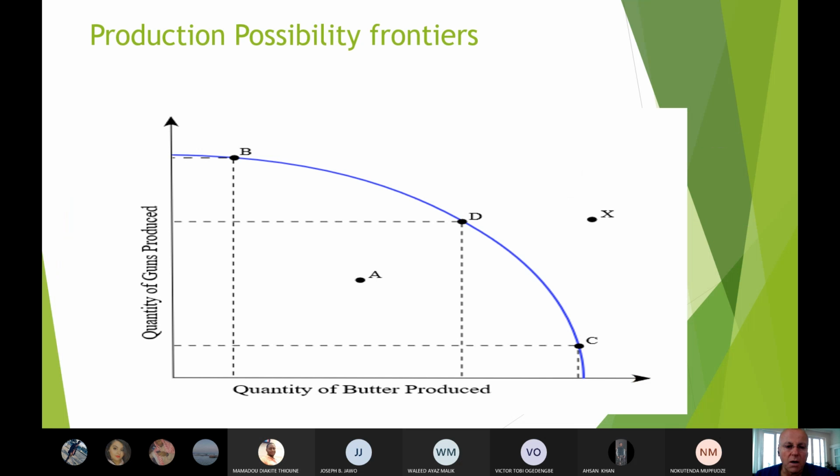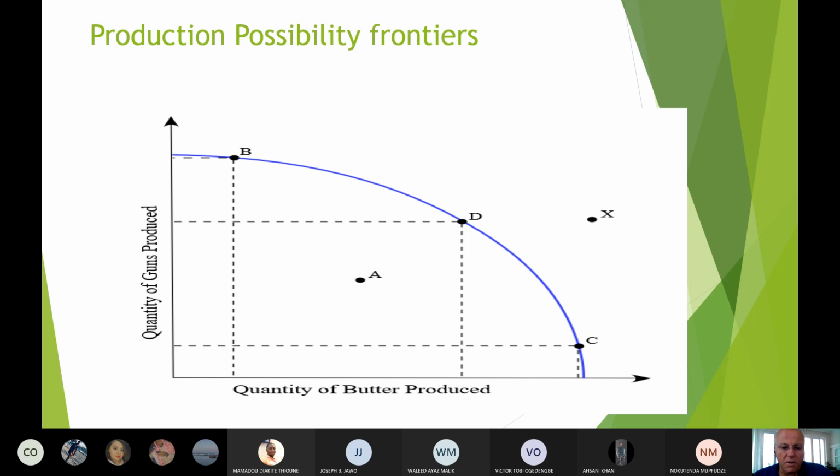Today, as I said, I will start again with the production possibility frontier as a flashback on trade capacity, because this is the application. This will be used for explaining these theories, so it is better to understand the production possibility frontier clearly.